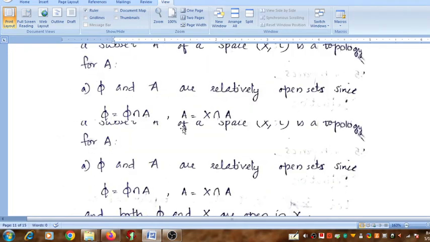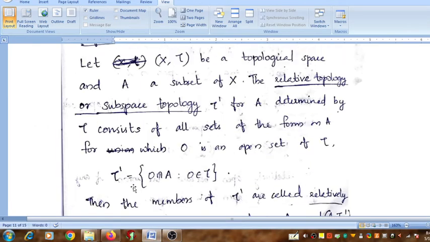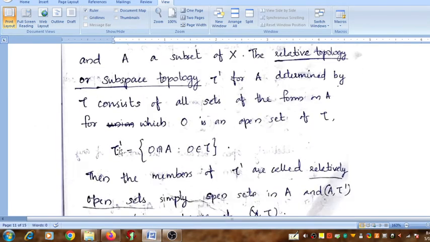Because in the definition of tau prime, we have taken the collection of O intersection A, where O belongs to tau. So when we choose a member from tau prime, it has the form O intersection A, where O is some open set in the topology tau.